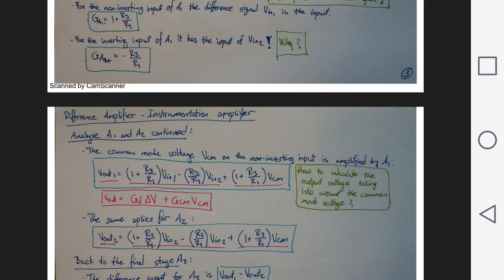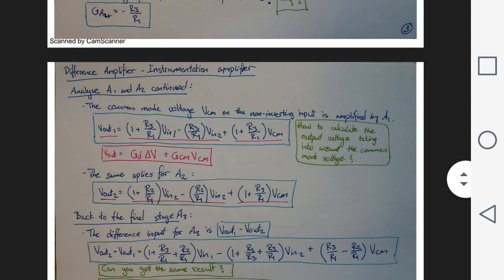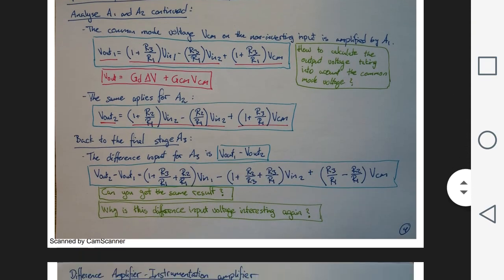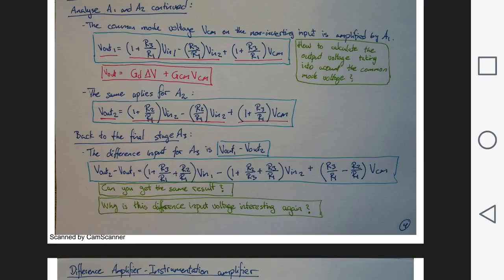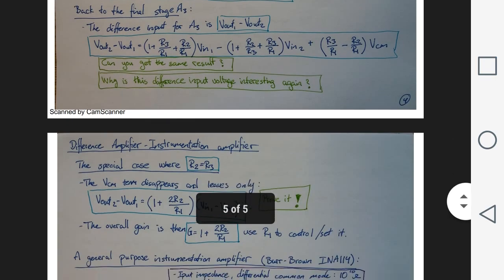We can apply the same method to get an equation for the output voltage of A2. Now that we know how to find the outputs of A1 and A2, we can find the difference input for A3, where we subtract these from each other and get this big equation. As an exercise, you should try and see if you can get the same result for the difference input to A3.